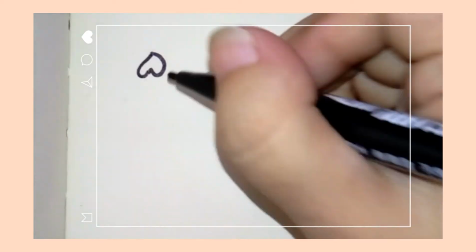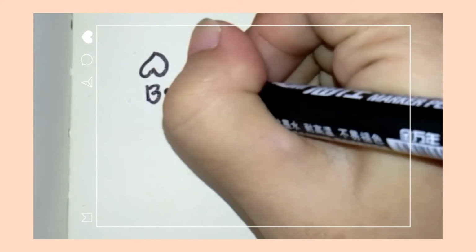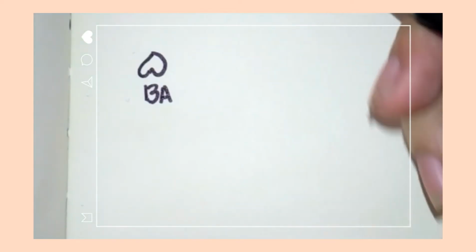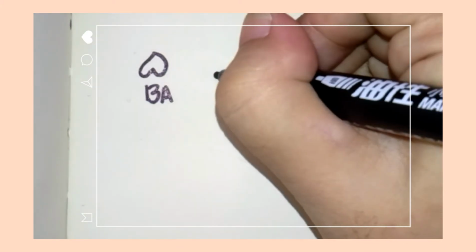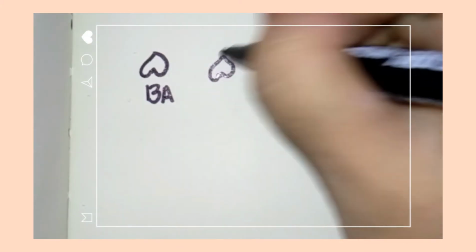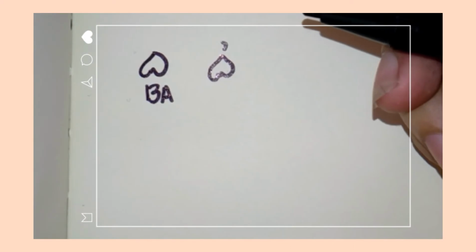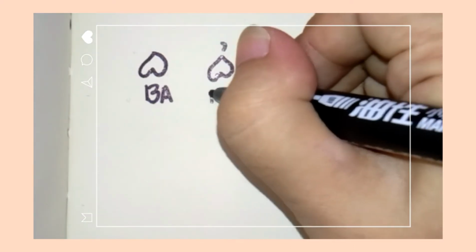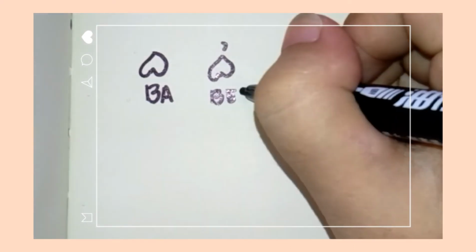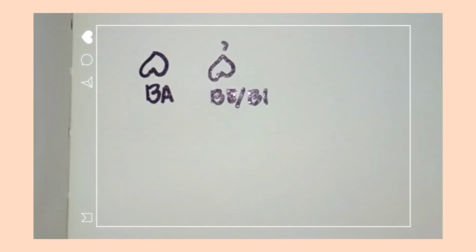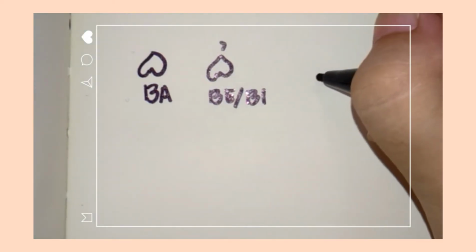If there is no kudlit on a character, it means the vowel is A. For example, ba. If the kudlit is on the upper part of the character, it means it has a vowel of E or I, as in be or bi.